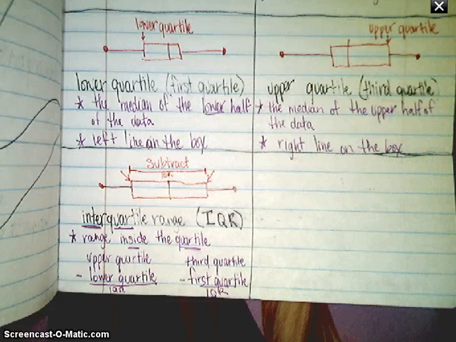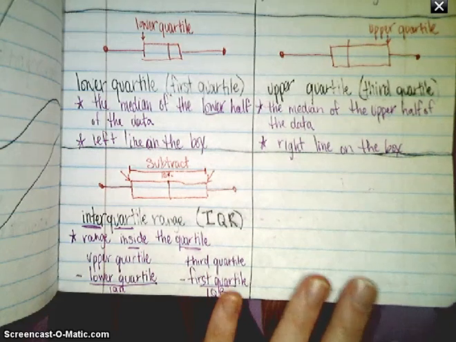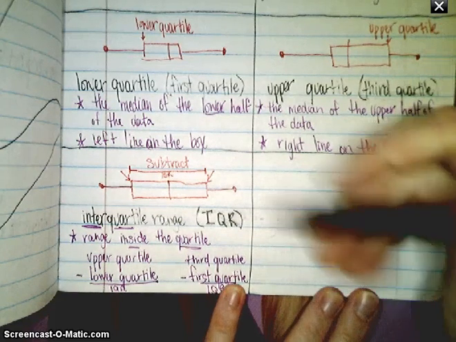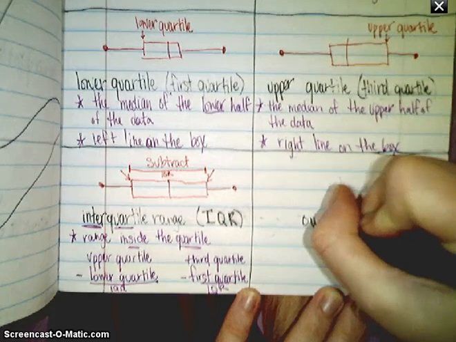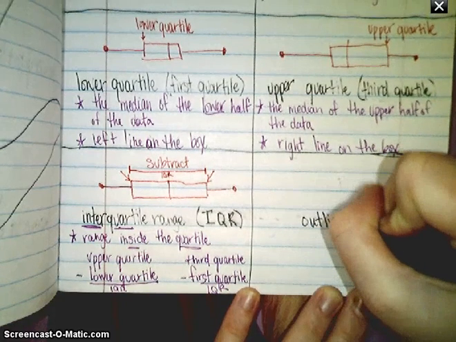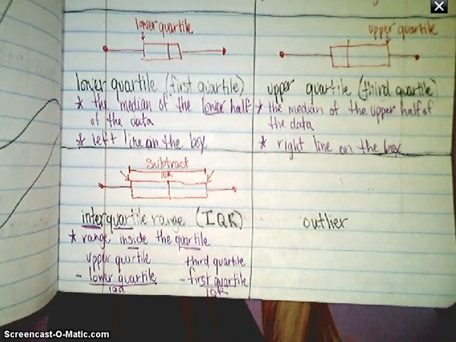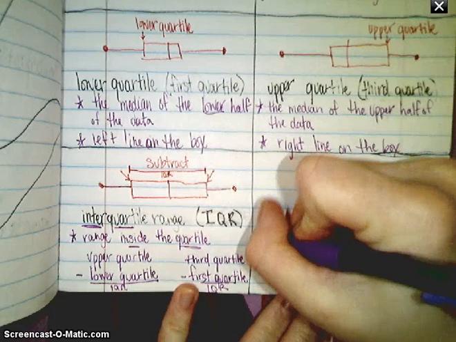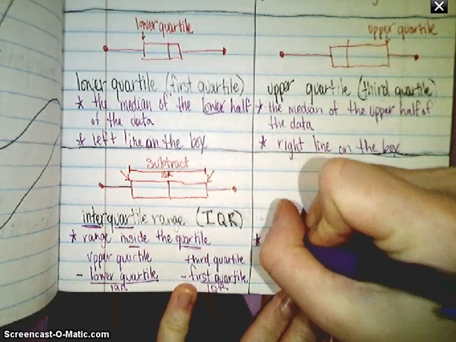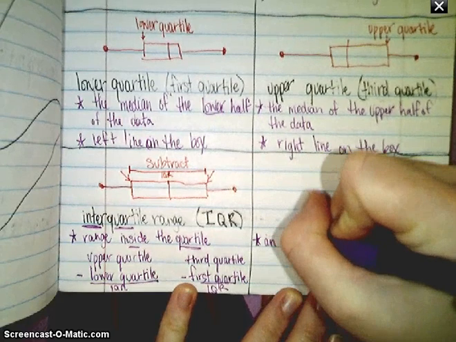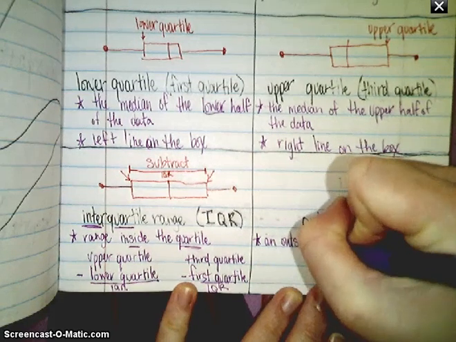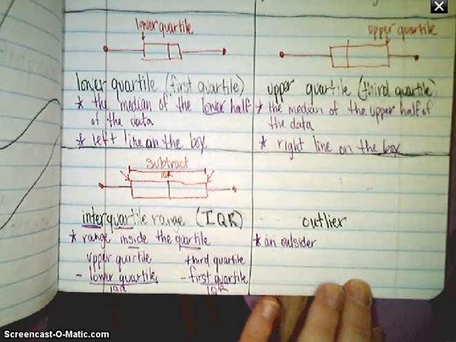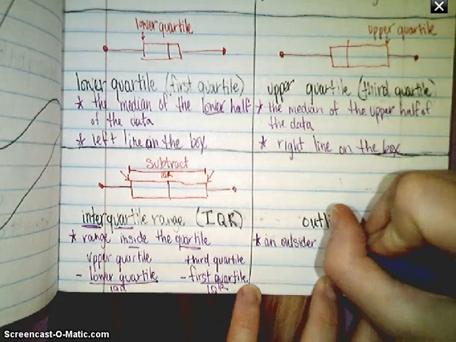The last one, don't know if this one is new for you or not, but we've got an outlier. Sometimes you will have an outlier, but there is no guarantee that you will. An outlier is like an outsider. It's the outcast. It's the number that doesn't fit with the rest of them.